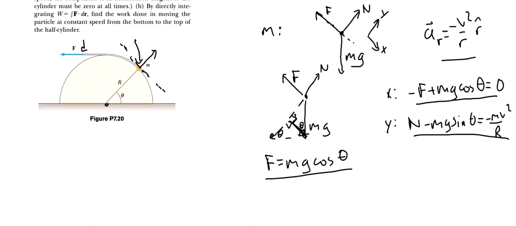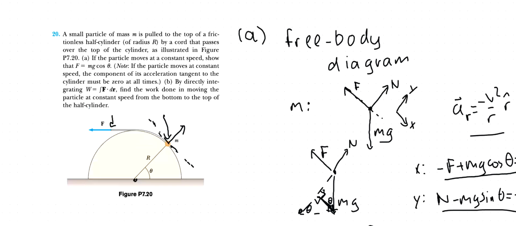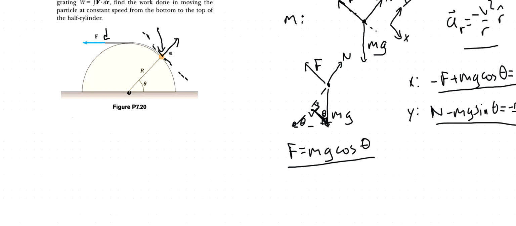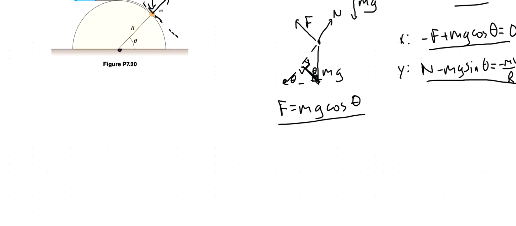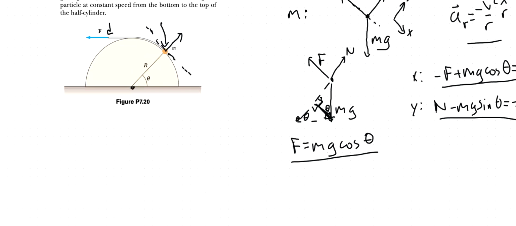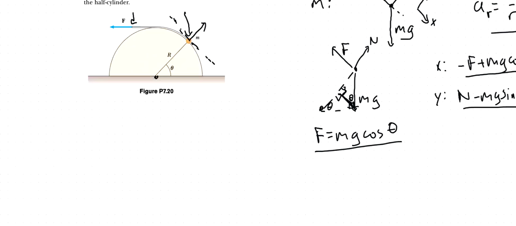I go back here. By directly integrating W equals F dot dr, find the work done in moving the particle at constant speed from the bottom to the top of the half cylinder. So I need my half cylinder. Maybe I will solve this B question here. Let me draw some separation lines.